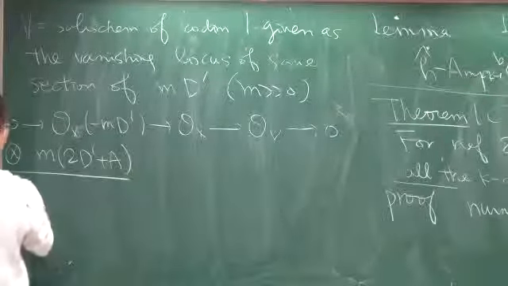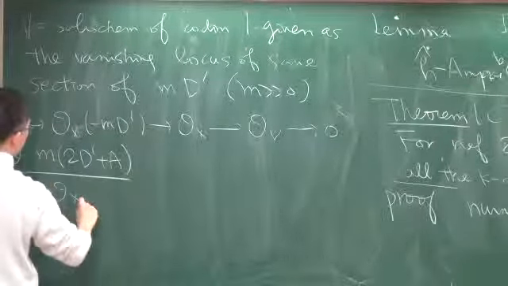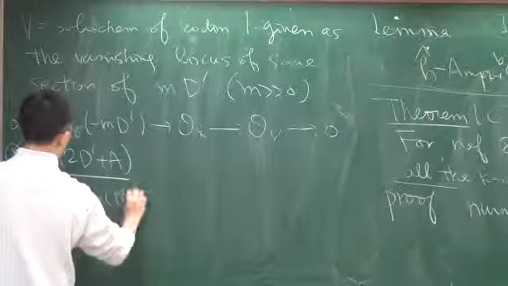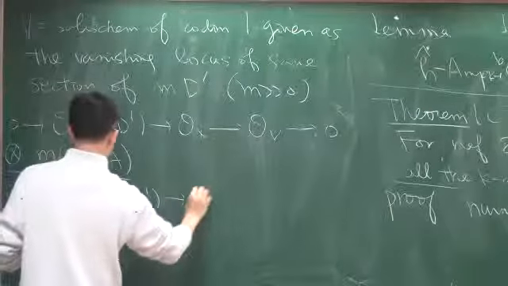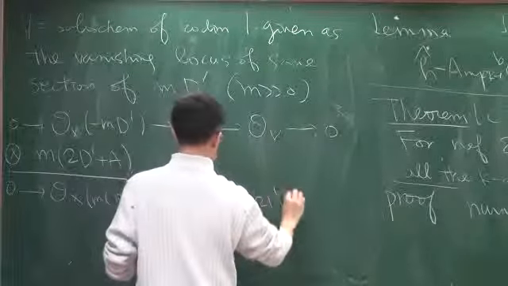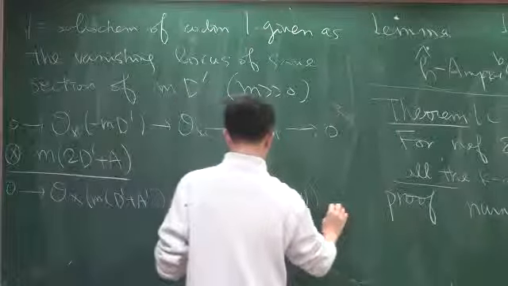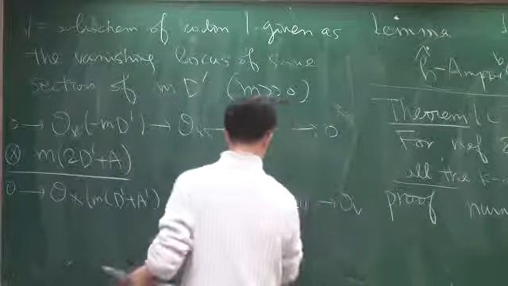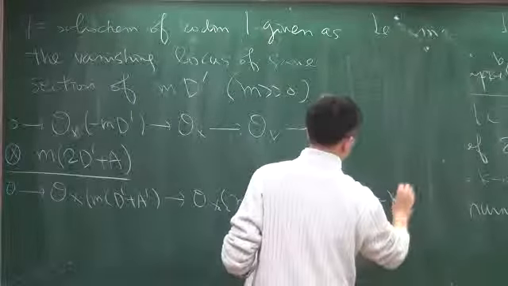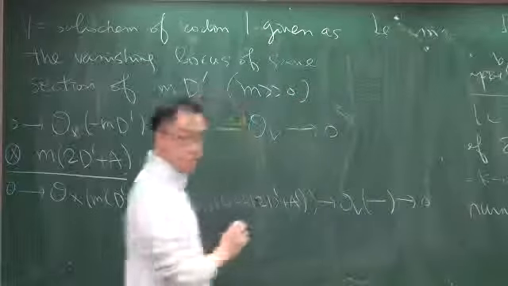Then what do you get? 0 to O_X(MD' + A') to O_X(M 2D' + A') to O_B(...), and you have something.